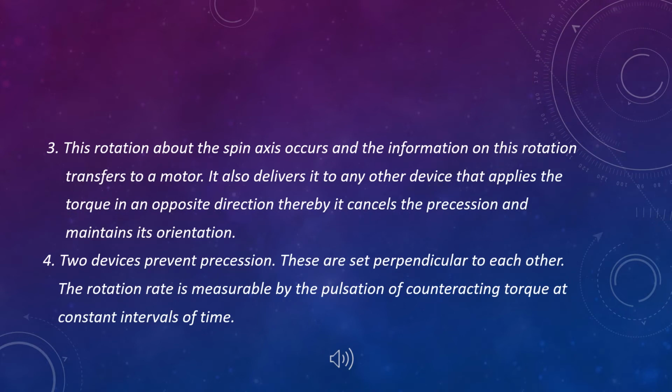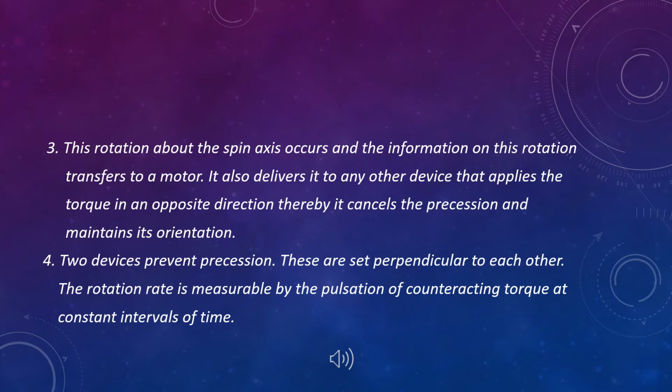This rotation about the spin axis occurs and the information of the rotation transfers to a motor. It also delivers it to any other devices that apply the force in the opposite direction. Thereby, it cancels the precession and maintains its orientation.